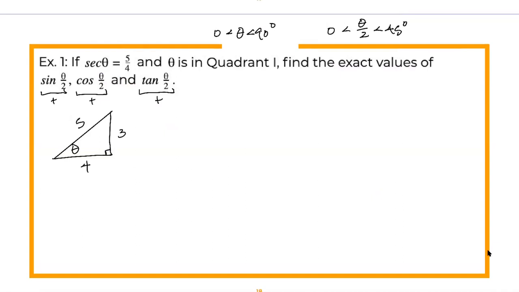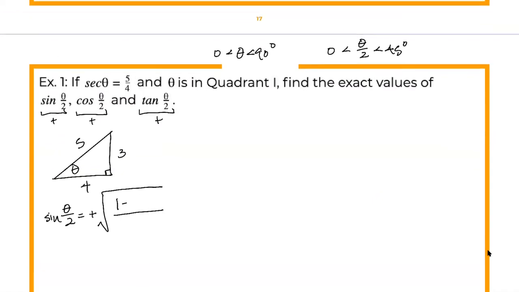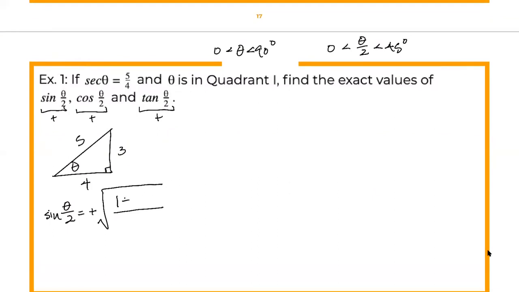Now I just need to plug everything into the equations. So sine theta over 2 equals plus the square root of 1 minus or 1 plus? Is this a minus sign here or is it going to be a plus sign? A minus sign.